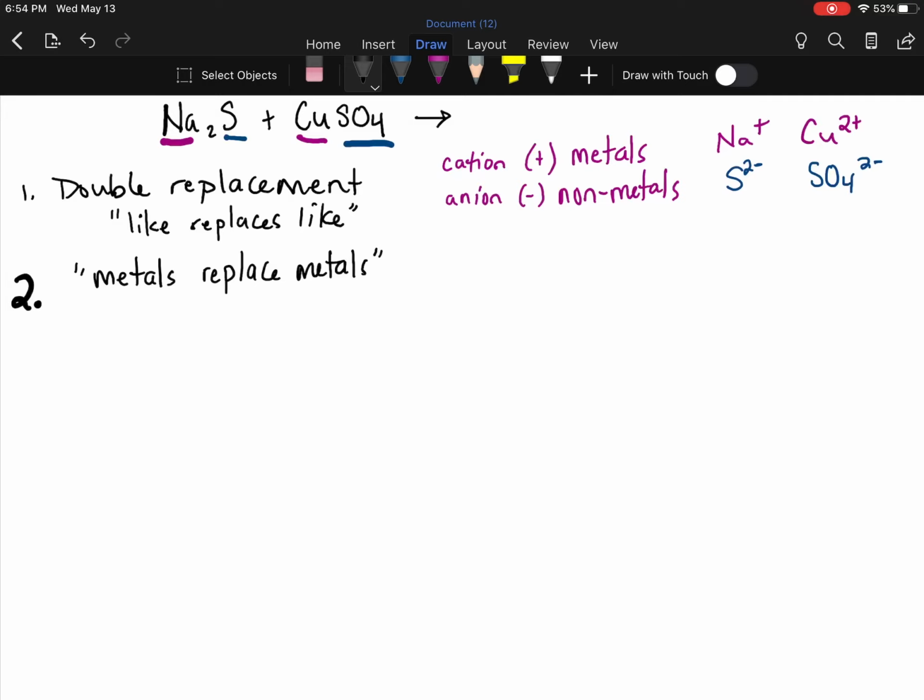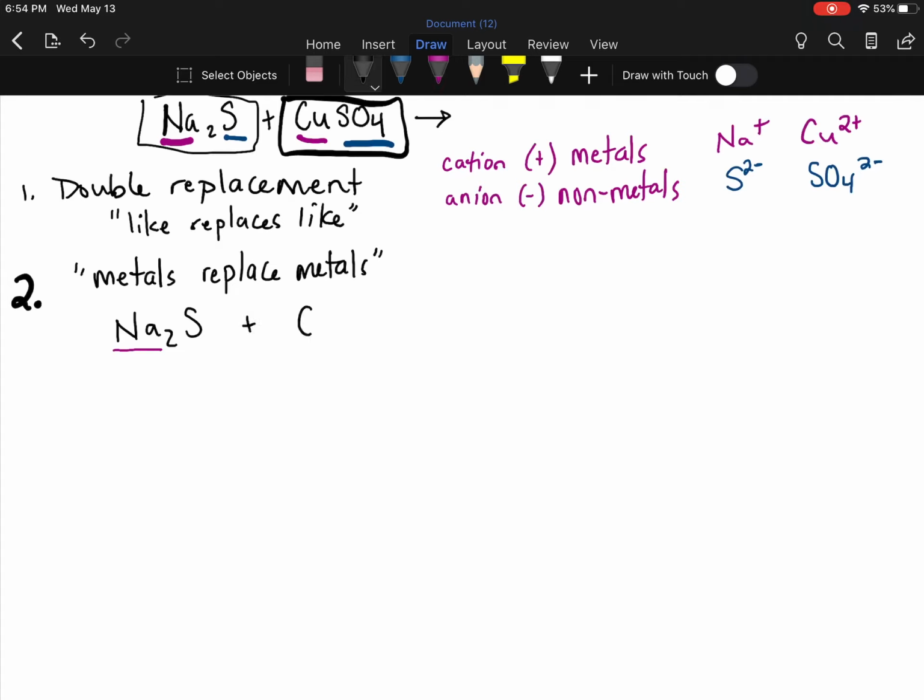So remember, we have 2 reactants. We have sodium sulfide, copper sulfate. So let's look at the first reactant, sodium sulfide. So it says pair the cation of the first reactant. The cation, we already said, was sodium.